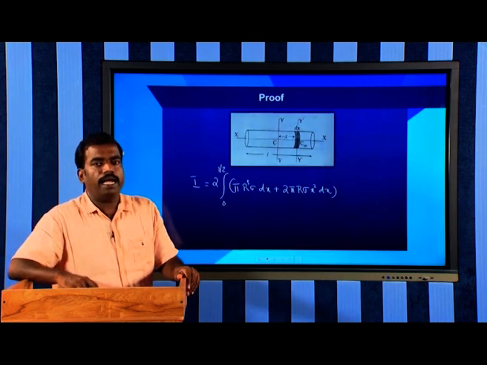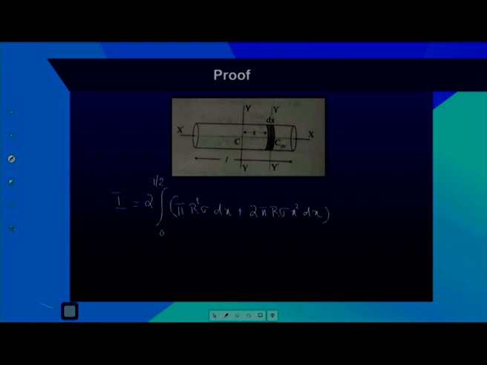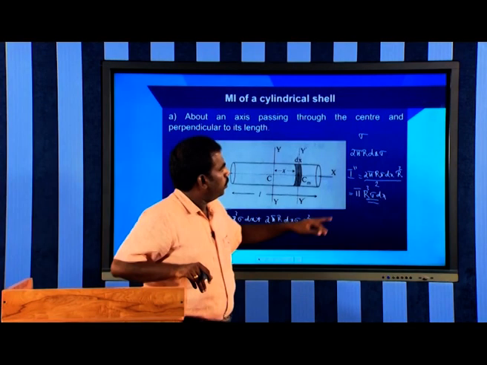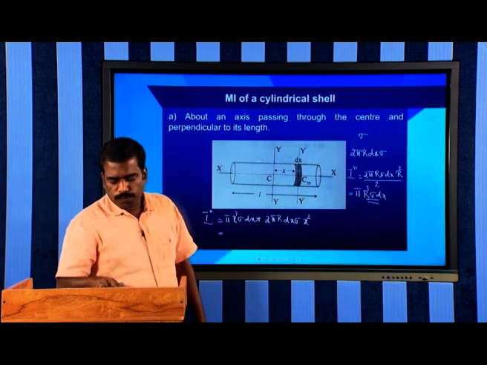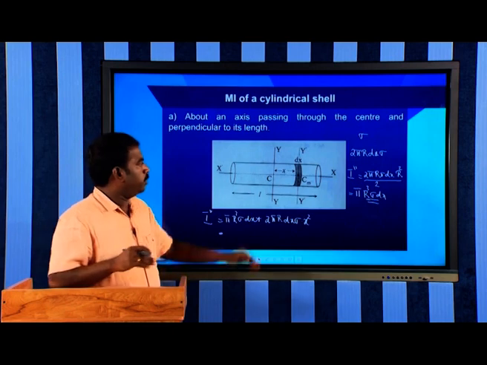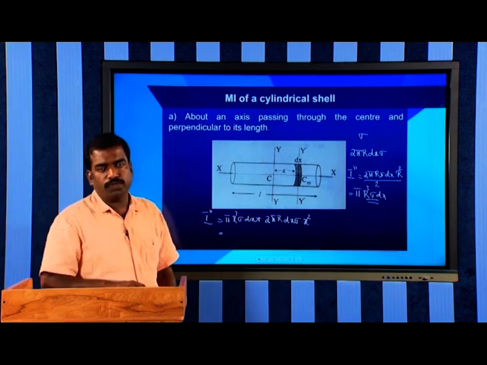Same steps, and you have to take m. What is m? M equal to 2 pi r L into sigma. It will give you the mass of the cylindrical shell.